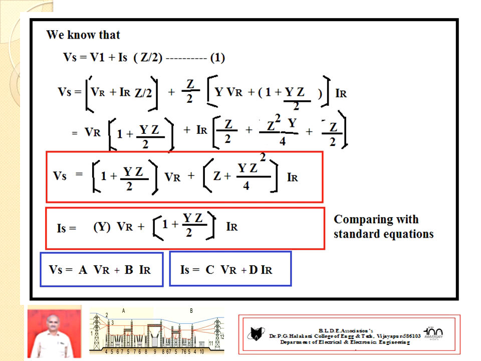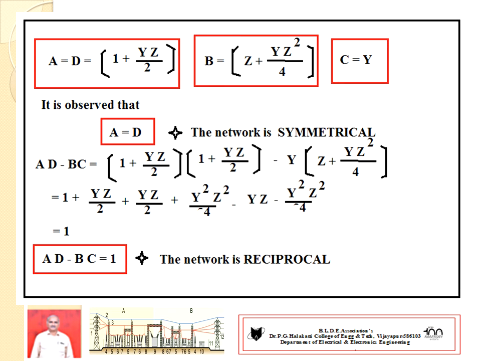And you also prove that AD minus BC equal to 1. Up to here you may get 8 marks. So you write here: A and D values are both the same, equal to 1 plus Yz by 2, B equal to Z plus Yz square by 4, C equal to Y. This is the case of medium transmission lines with the nominal T method.